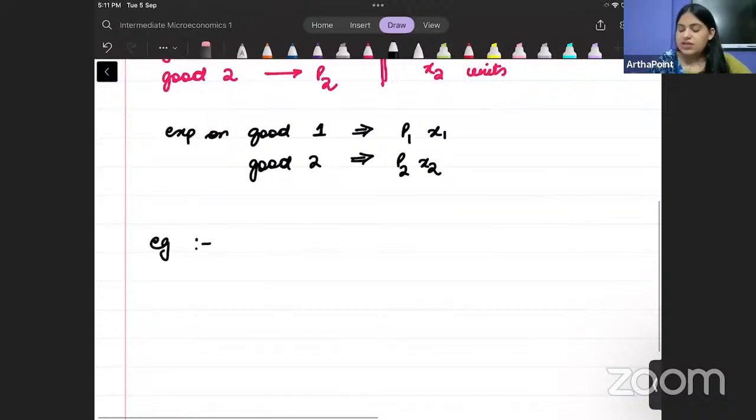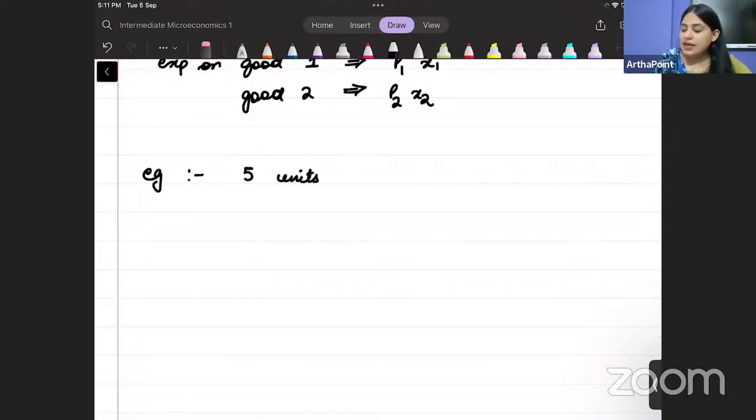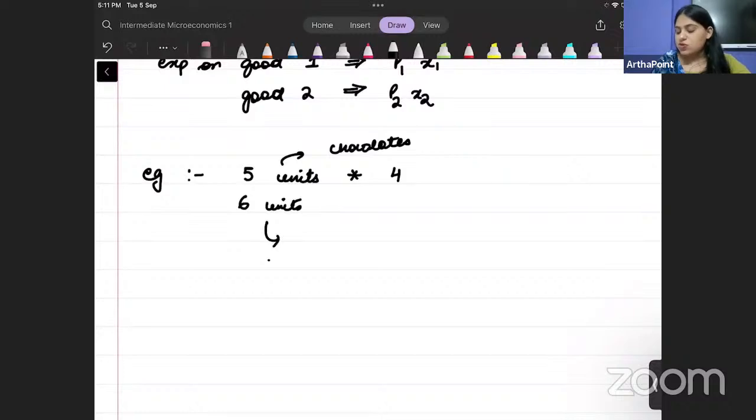So take an example. Suppose I tell you that I want to consume 5 units of chocolates, each chocolate at 4 rupees, and I want to consume 6 units of chips, and each chip is for 10 rupees. So how much am I spending on chocolates? 20.